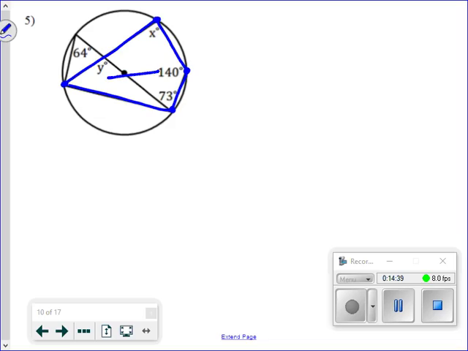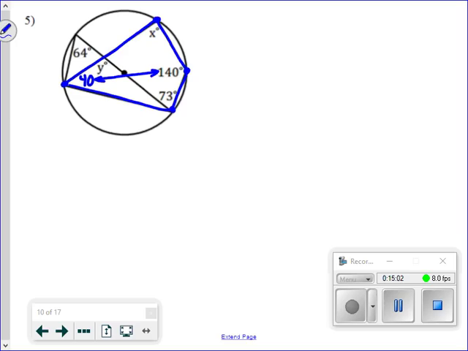So these two have to add to 180. So once I figured out that this was 40, now I have to kind of start to reinvestigate a few things. Okay, I don't have any more cyclic things.